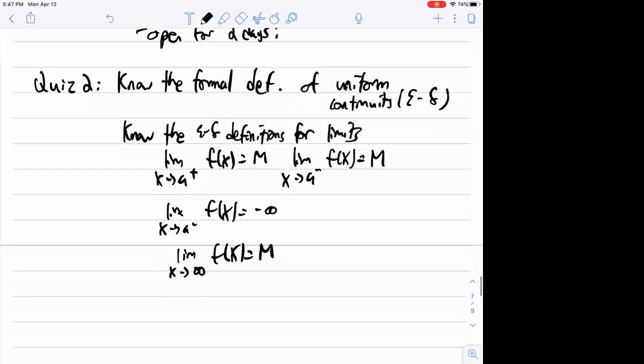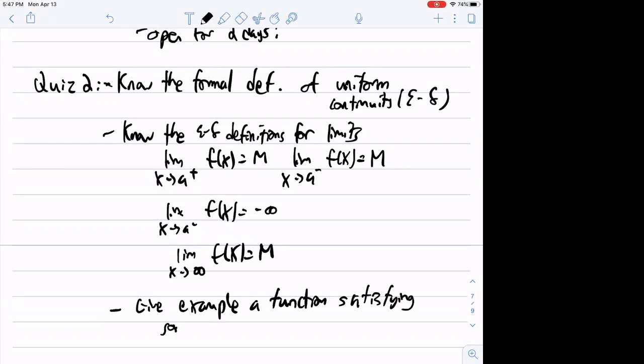And I guess again, I like giving just one true false question, or maybe one example question. So give an example of a function satisfying some property. I'm going to pull this out of the uniform continuity section.